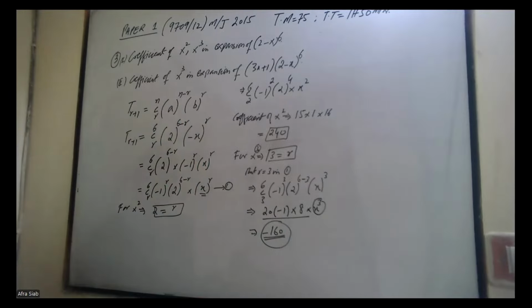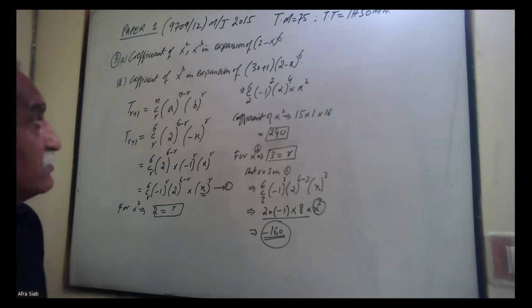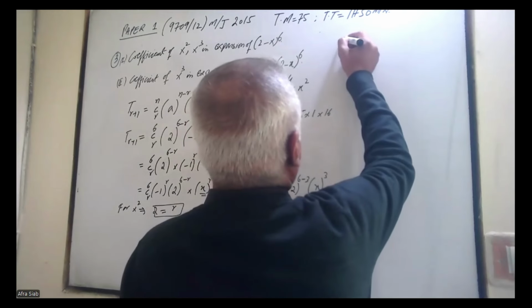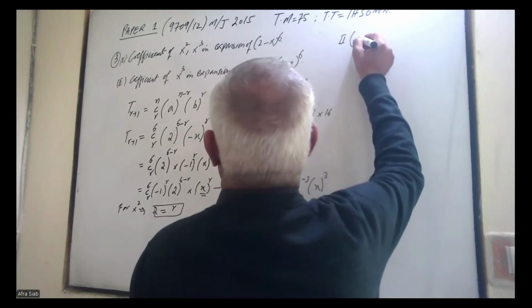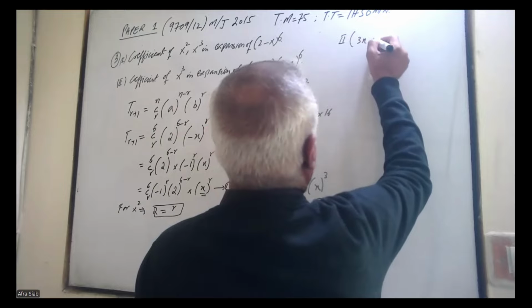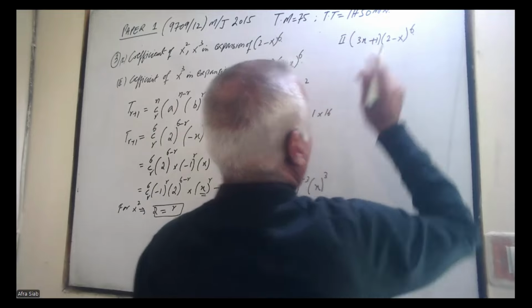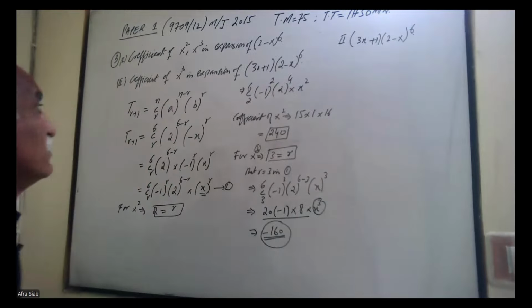Now they are asking about the second part: find the x cube in the expansion of (3x plus 1) into (2 minus x) power 6. We know that they are asking for the x cube coefficient.